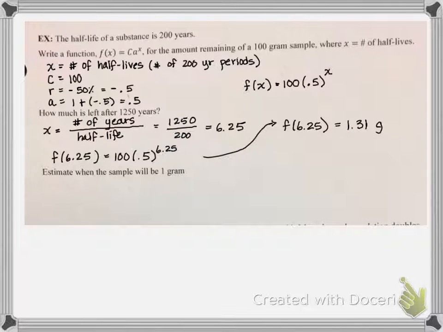In the last one, we'll round to the 10th place because we're estimating, so we're going to have to use some trial and error here because we haven't covered logarithms yet, which is how we would solve for a variable in the exponent. In this case, we are trying to find where our output is 1.